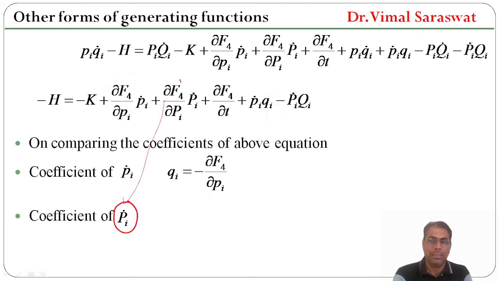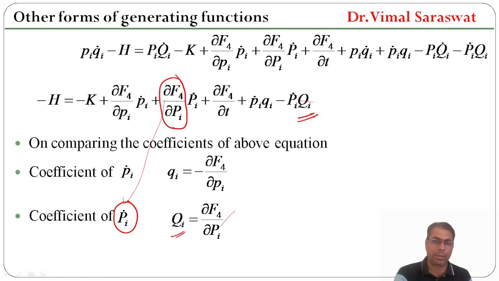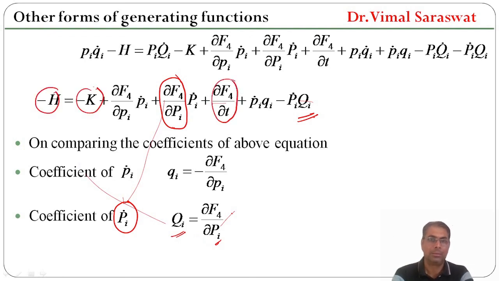Here the coefficient of capital Pi dot is del F4 upon del capital Pi, and here minus Qi. So minus Qi plus del F4 by del capital Pi equals 0, or capital Qi equals del F4 upon del capital Pi. Now the remaining terms are minus h equals minus k plus del F4 by del T.